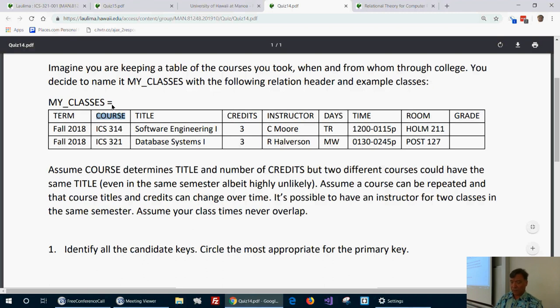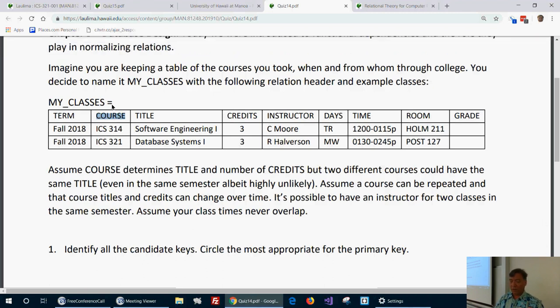Because the course in a particular term for an individual, since there's no course overlapping, you can't take more than one course, or the same course. You can't take two sections of the same course and all that. In fall 2018, ICS321 is exactly the same as Monday, Wednesday, 1:30 to 2:45. They're interchangeable.